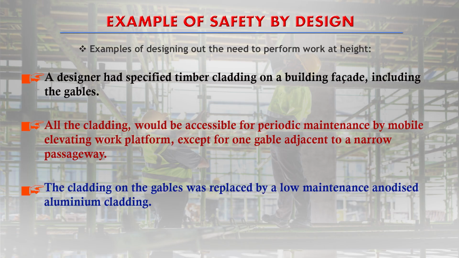The cladding on the gables was replaced by a low maintenance anodized aluminum cladding. Therefore, this anodized aluminum cladding will not require maintenance as frequently as normal cladding. Therefore, this task has been made easy and safer.